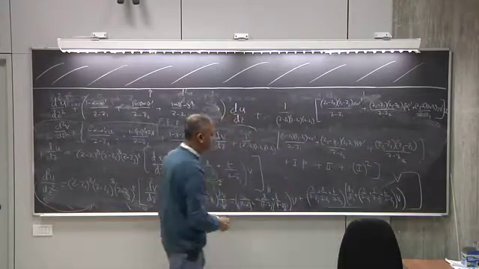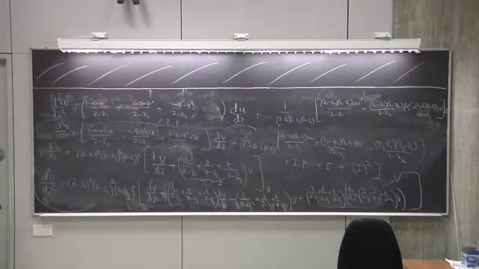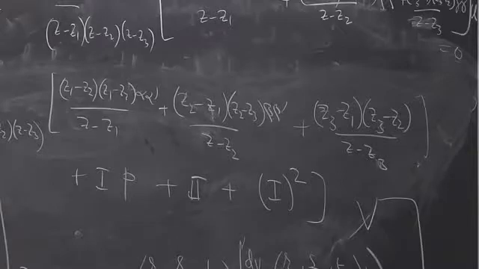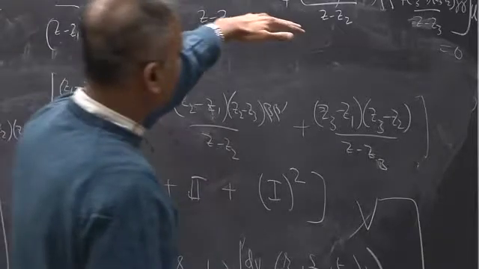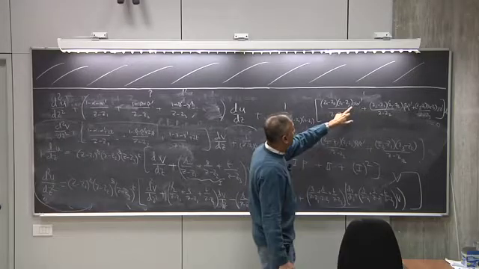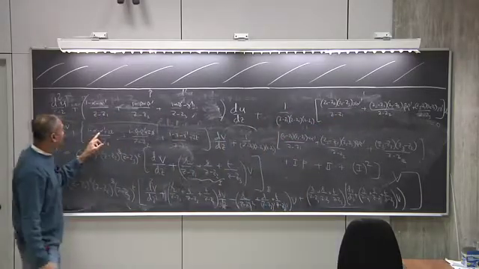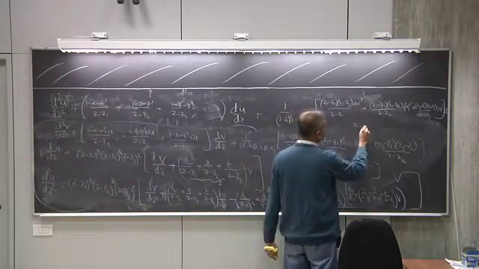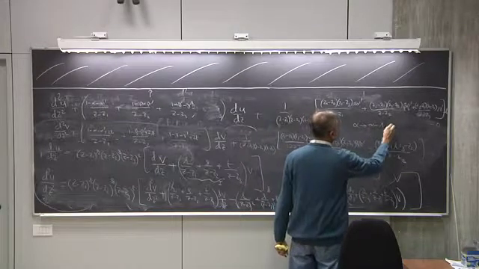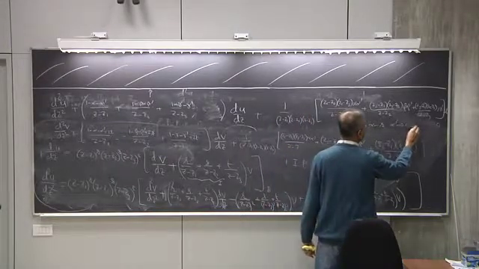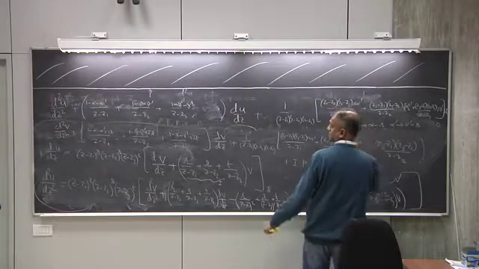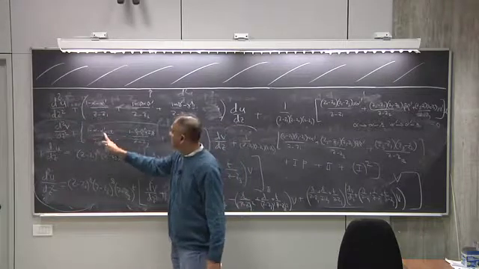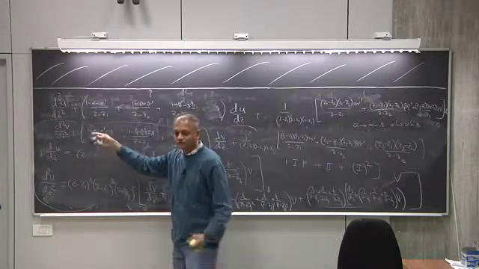Now, it's a mess, but after doing a lot of algebra, you will find that it again reduces to the same form, except that alpha is replaced by alpha minus r, and alpha prime replaced by alpha prime minus r. If you just replace alpha minus r, call it new alpha.